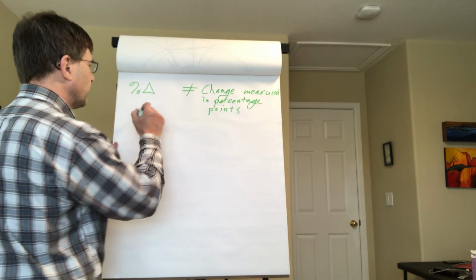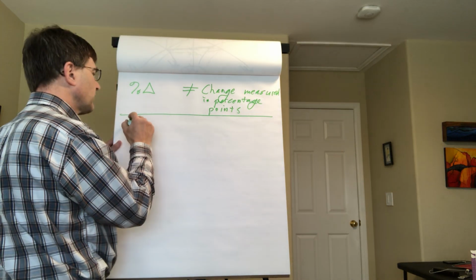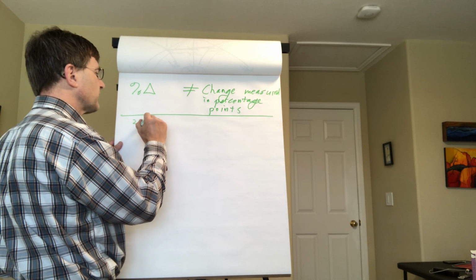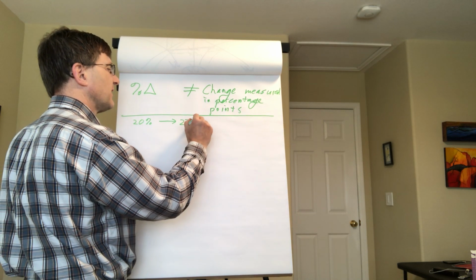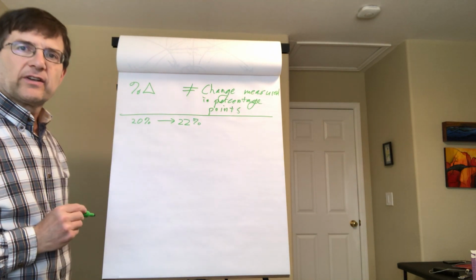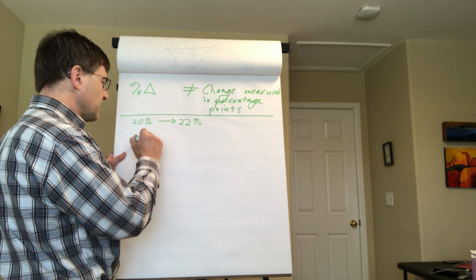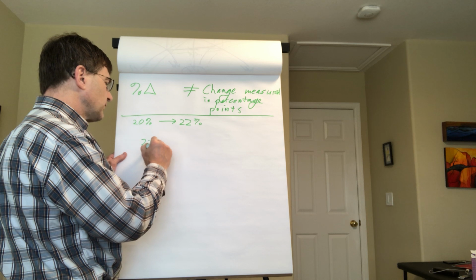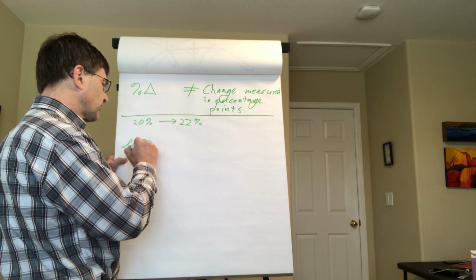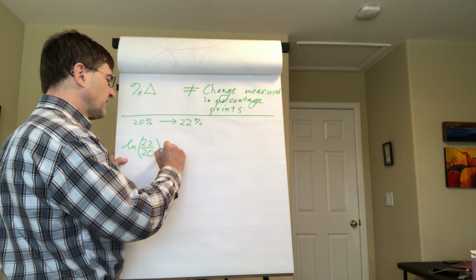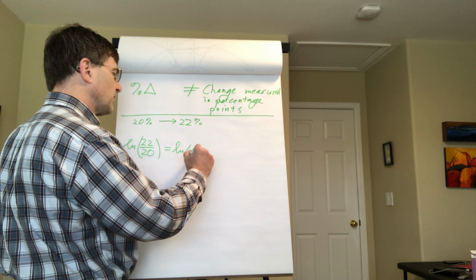Okay, very simple one to start with. Suppose you go from 20% to 22%. What percent change is that? Well, the way we deal with it is you take 22 divided by 20 and then take the natural logarithm of that. So that's equal to the natural logarithm of 1.1.